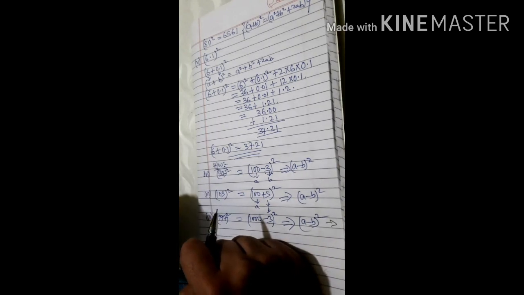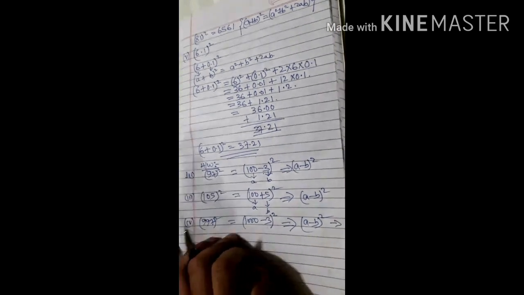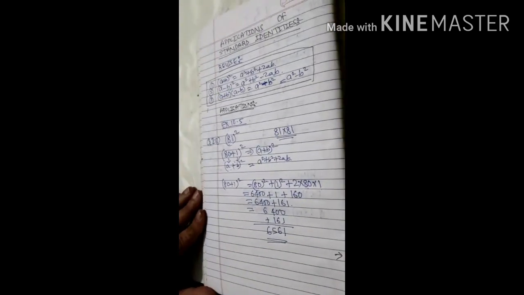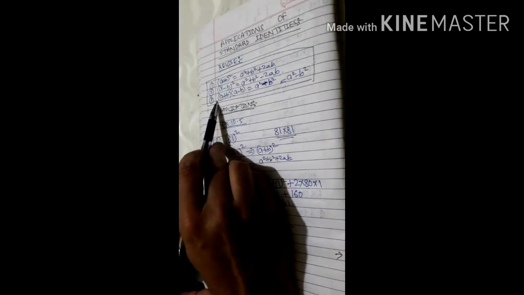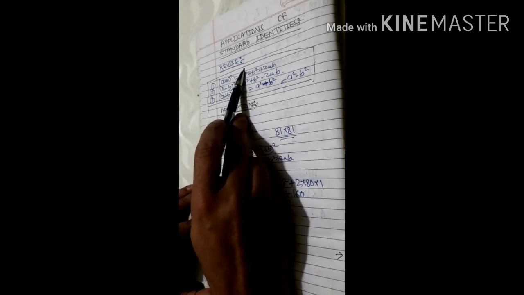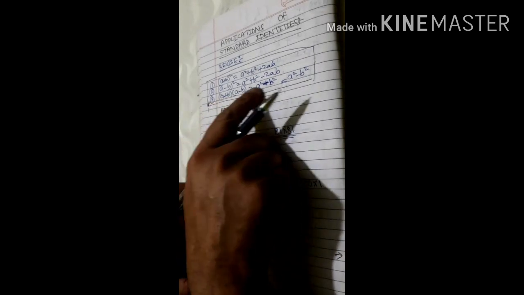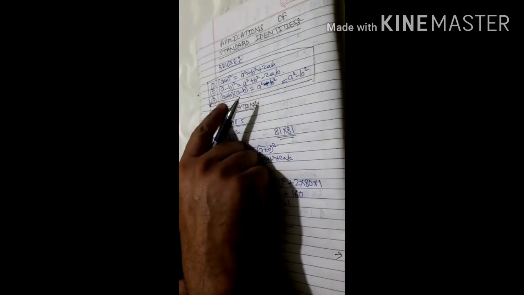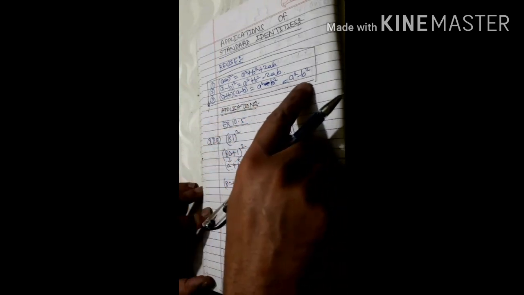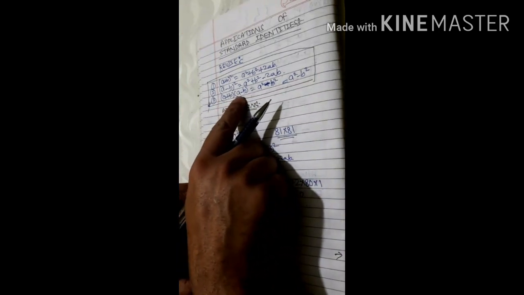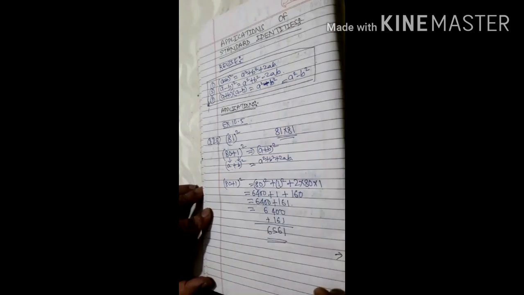Okay, now we come to the next type of question on standard identities. In the previous class we dealt with three standard identities: A plus B whole square, A minus B whole square, and the third one. We have seen the application of the first two, but the third one is left over. So let us see where and how we apply A plus B into A minus B is equal to A square minus B square.